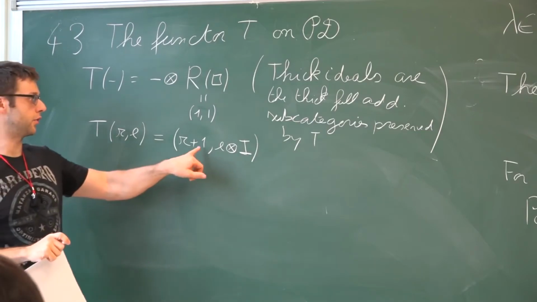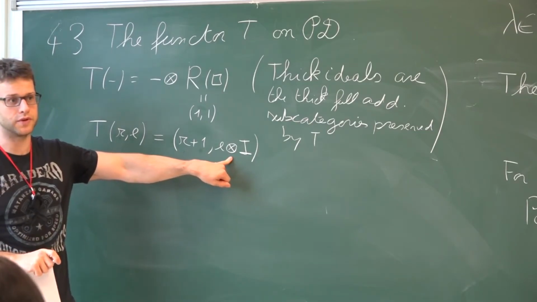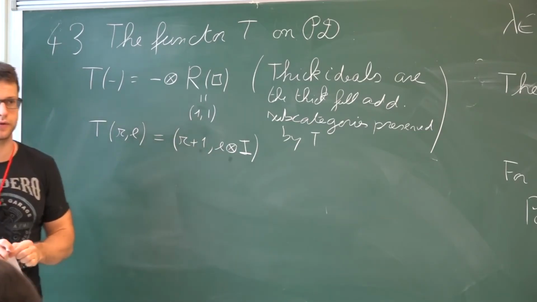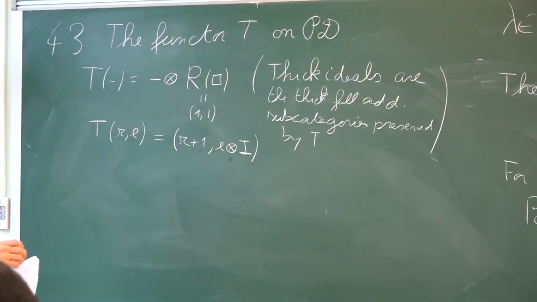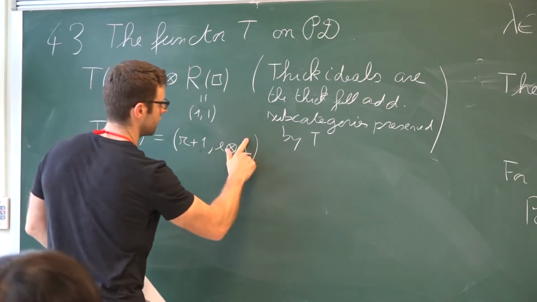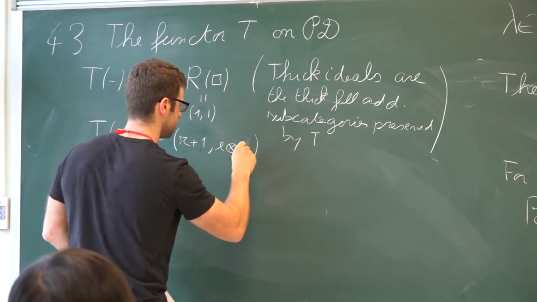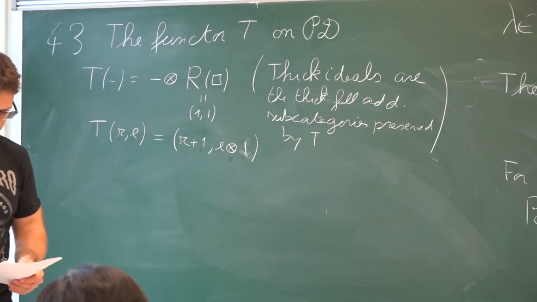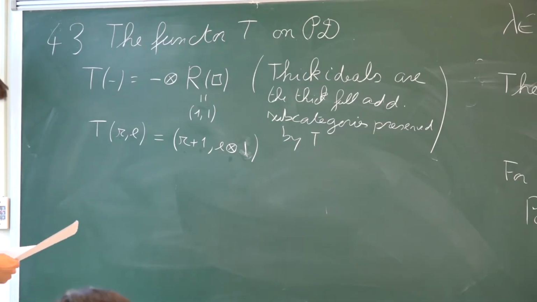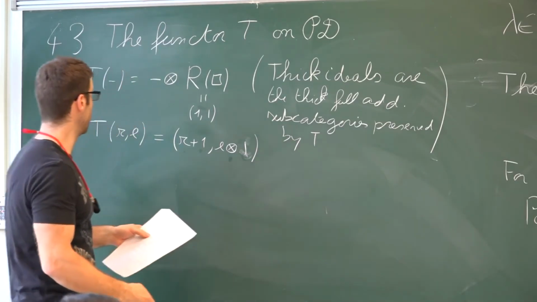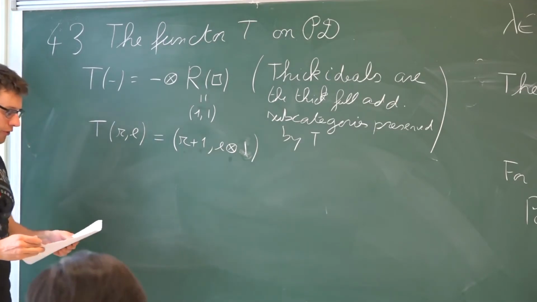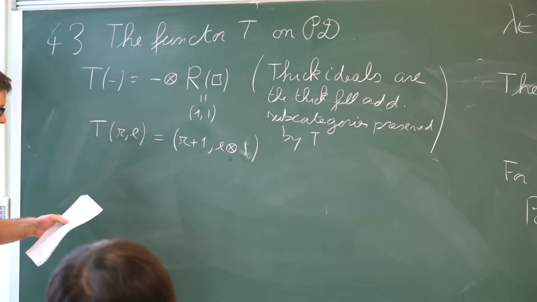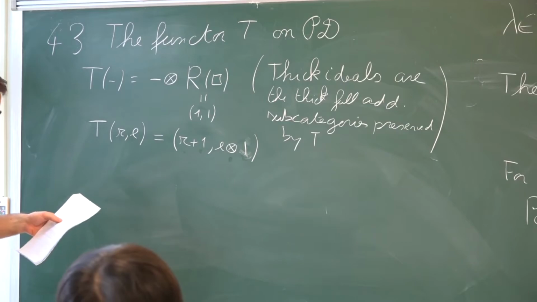So you get R plus 1 and some idempotent, which is just the product of the old idempotent and just one strand. One propagating line. And the first thing we'll do is construct some natural transformation of that functor.